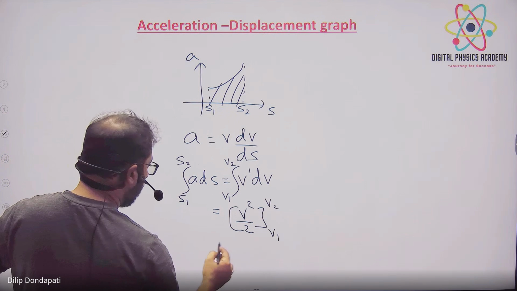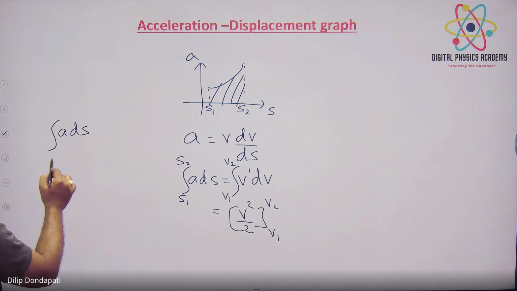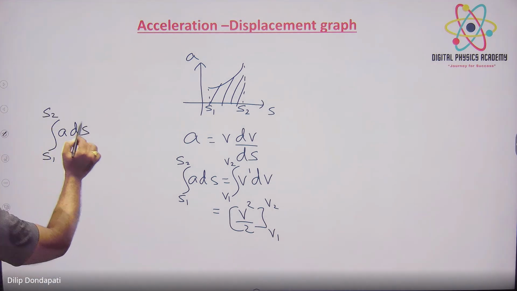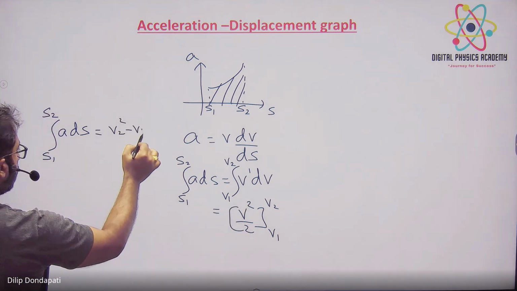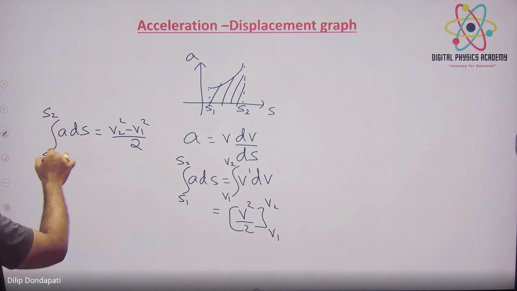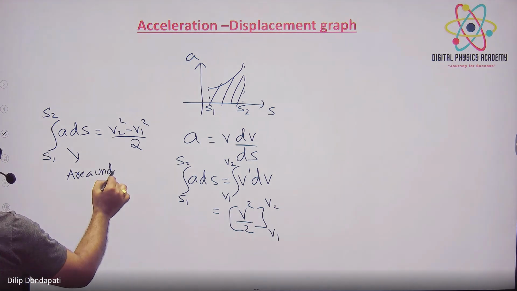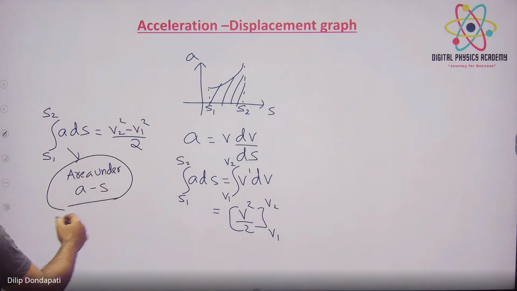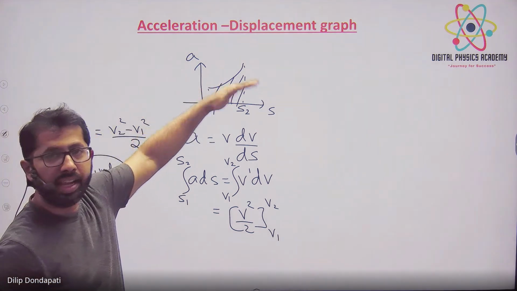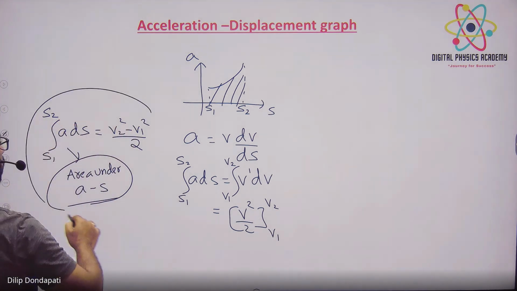Now the integration of v dv is v square by 2, from v1 to v2. So now tell me, integral a ds, s1 to s2, is equal to v2 square minus v1 square by 2. Okay, so what is this integration? It means nothing but area. Area under the acceleration displacement graph gives v2 square minus v1 square by 2.